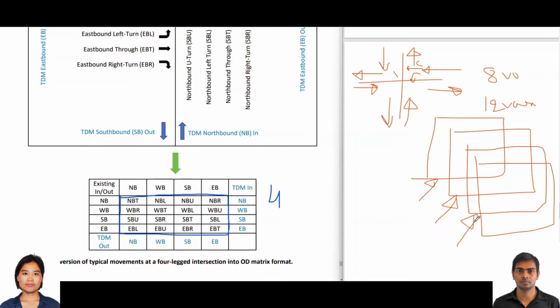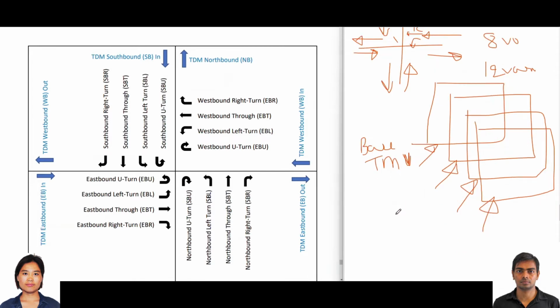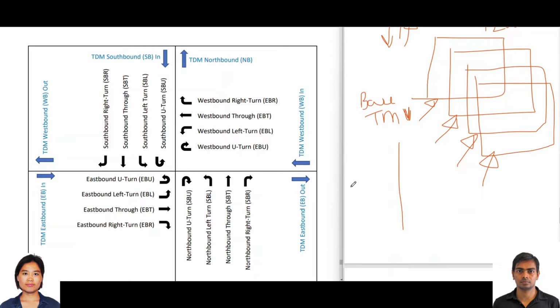Now when we solve this problem, like I mentioned, there is an infinite set of solutions, similar to trip distribution. In trip distribution, what we had was a base OD. Here what we have is a base turning movement volume, which is an estimation of future volumes. Usually the base turning movement volume is what we see in existing.